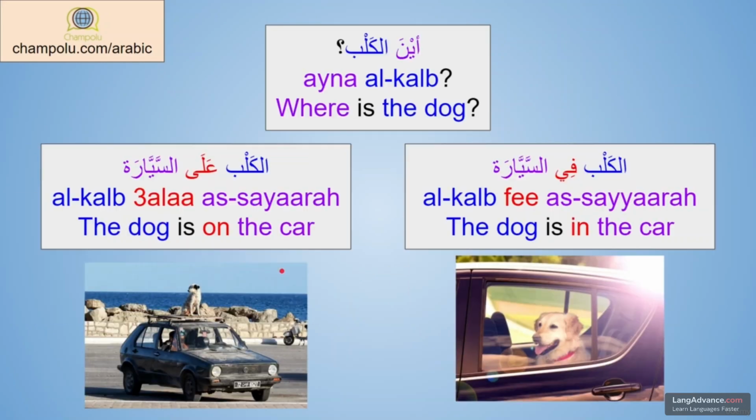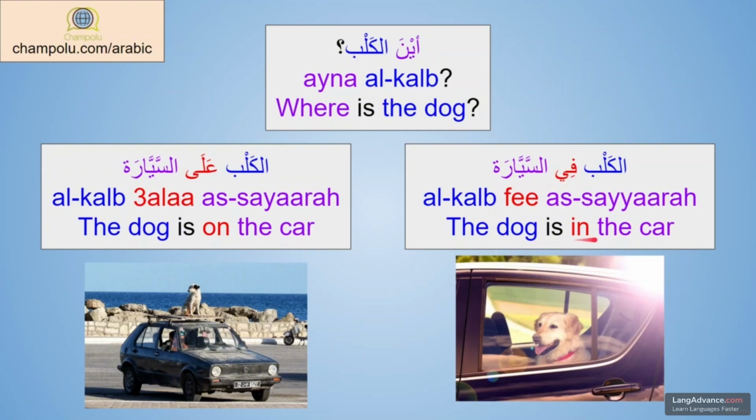Both are adverbs. And then we can also try some questions showing the difference between using these prepositions. So when we ask a question such as أين الكلب? Where is the dog? The answer can be الكلب في السيارة.